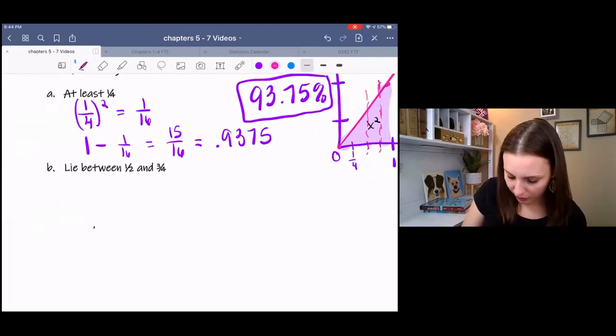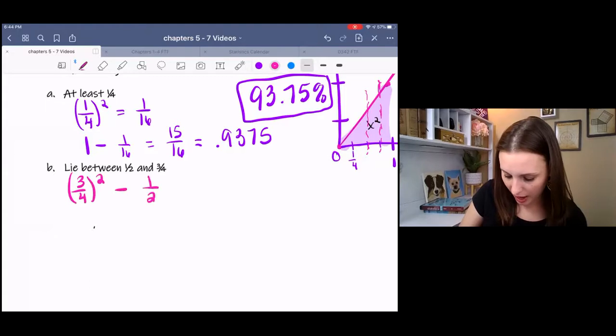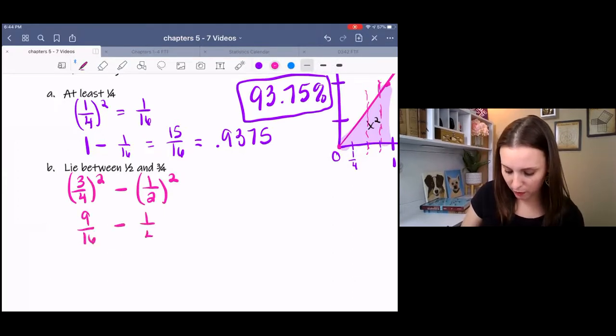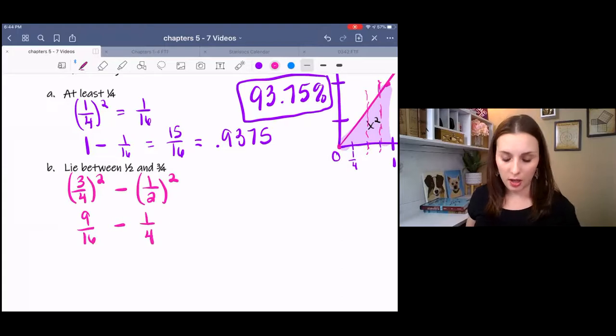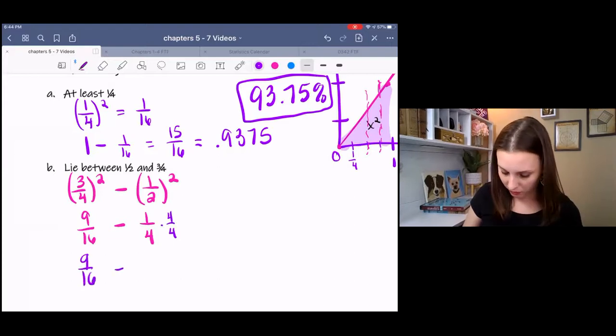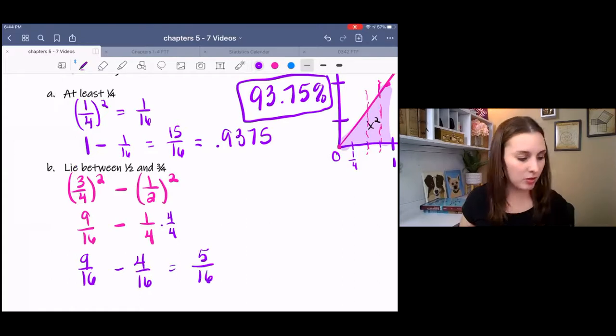So we do 3/4 squared minus a half squared, and we get 9/16 minus 1/4. I'm going to go ahead and get a common denominator, and we get 5/16.